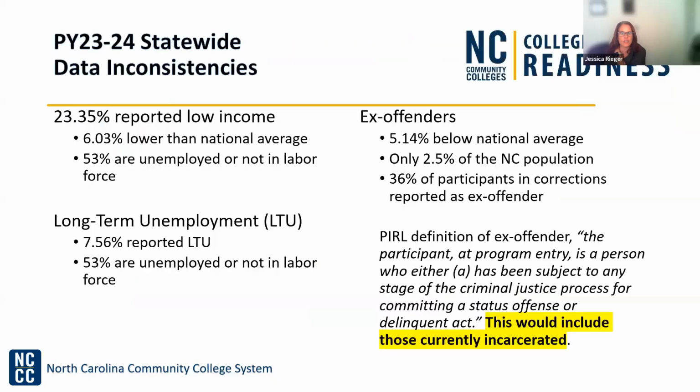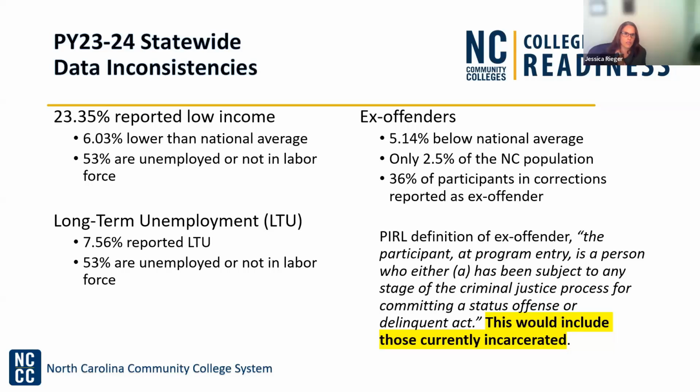So, for example, 23% of our participants, and this is based on program year 23-24, so July 1 of 23 through June 30th of 24, these were the data inconsistencies that they noted. 23% reported that they were low income, yet 53% of our participants for that program year stated that they were unemployed or not in the labor force.